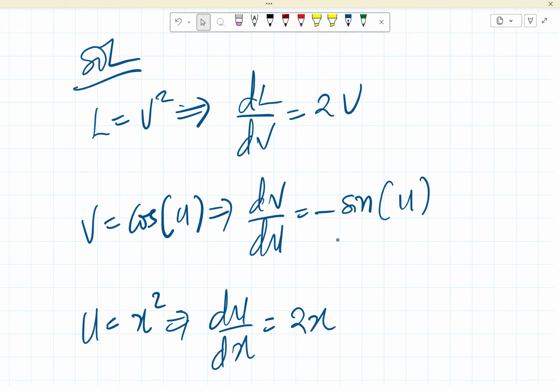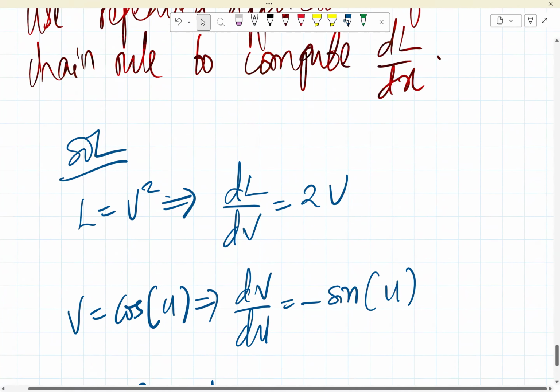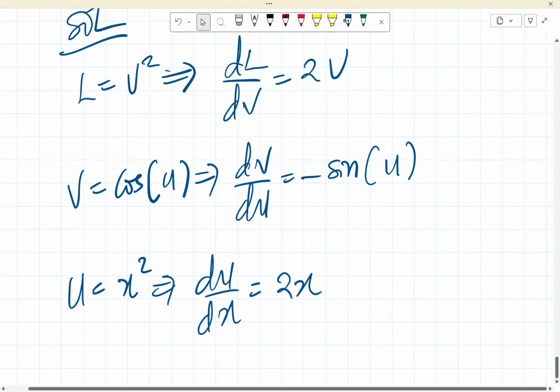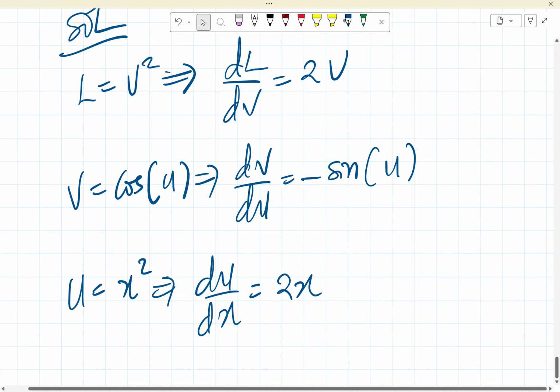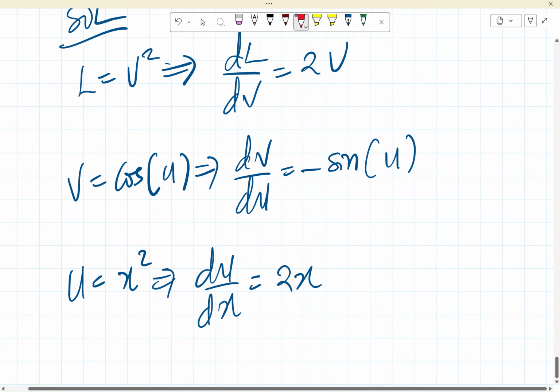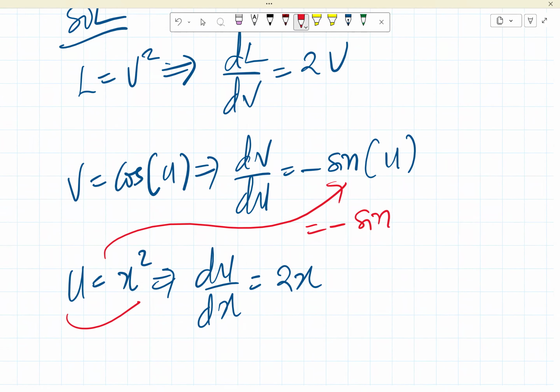Don't forget, what we need is dL/dx, so finally we need everything in terms of x. We have to put it together like that. Let's tidy that up. Since u is x squared, we have minus sine of x squared.